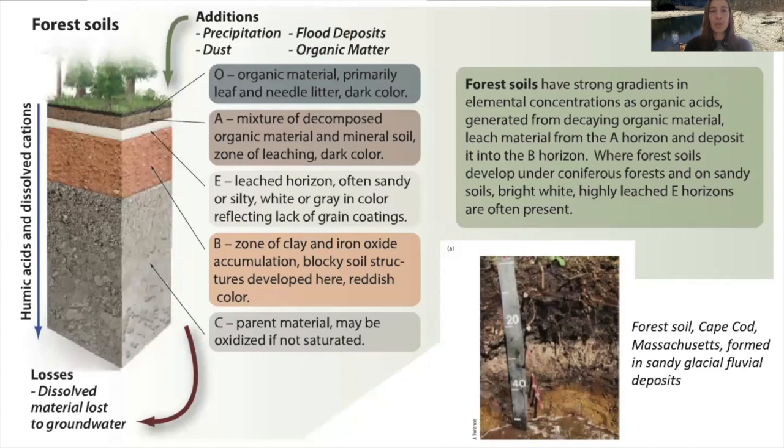So here's some examples for idealized soil sections for totally different climatic environments. In forest soils, we usually see a thick zone of organic material. We also see pretty commonly a zone of clay and iron oxide that tends to be distinctly reddish in color. The cartoon is on the left-hand side, and on the lower right, you can see a photograph from forest soil in Cape Cod, Massachusetts.